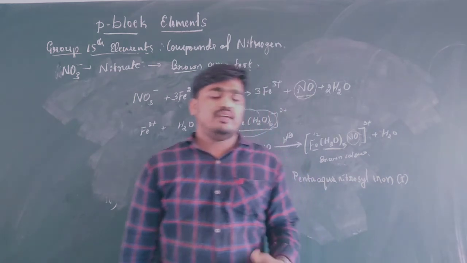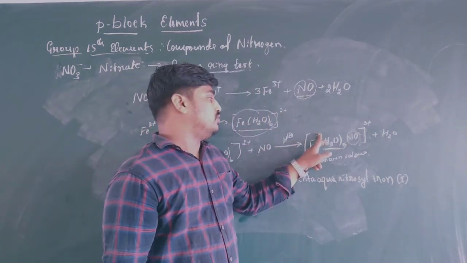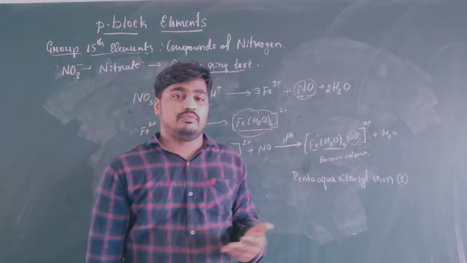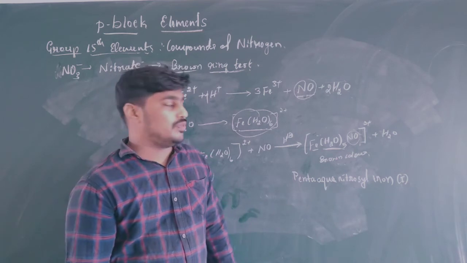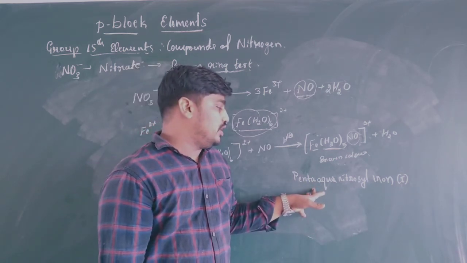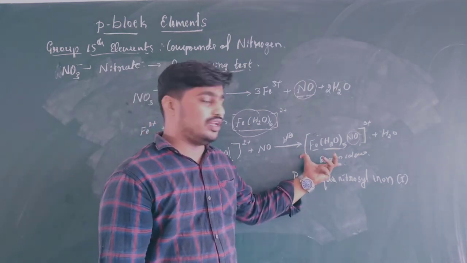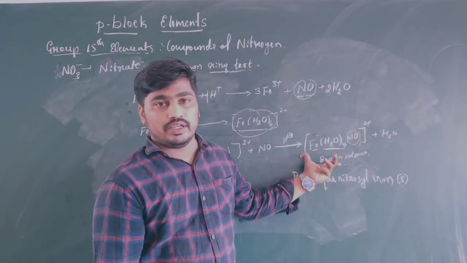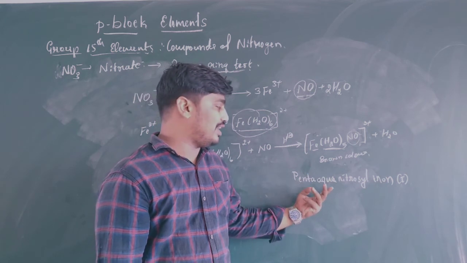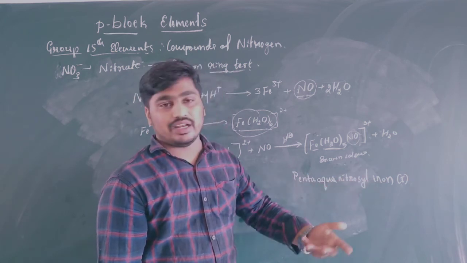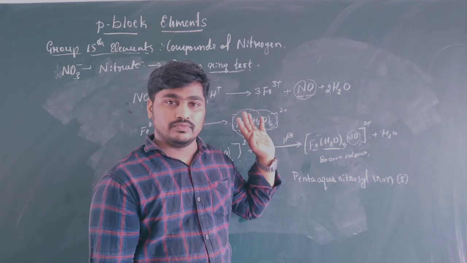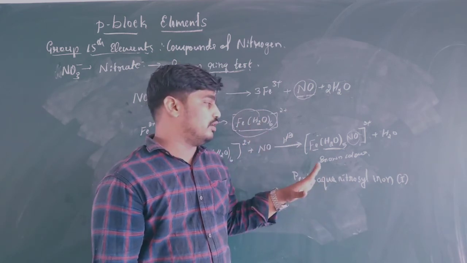Okay, why am I discussing that part? Because for your JEE or competitive exam purpose, this part is very important. There is a possibility of asking questions on the IUPAC name of the brown ring complex. Okay, if it is given like that, pentaaquanitrosyliron(I), it is correct, you should choose this one.